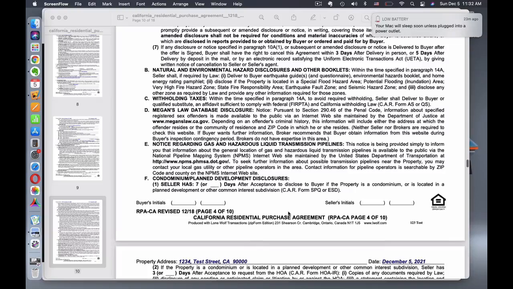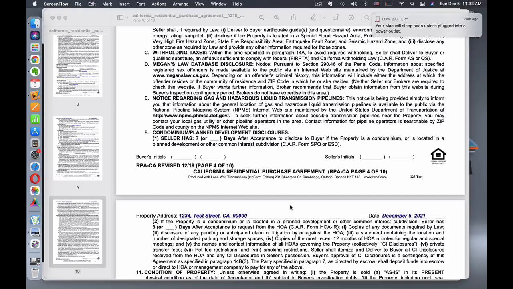The other thing is, I don't know if you remember, a number of years ago, a big gas pipeline blew up in, I think it was the San Jose area. And so now you can go to this website to see if there are liquid transmission pipelines and gas pipelines in your area where you're buying the property.